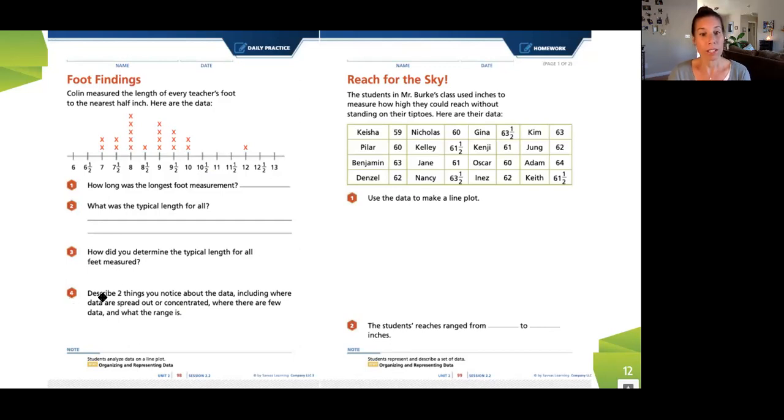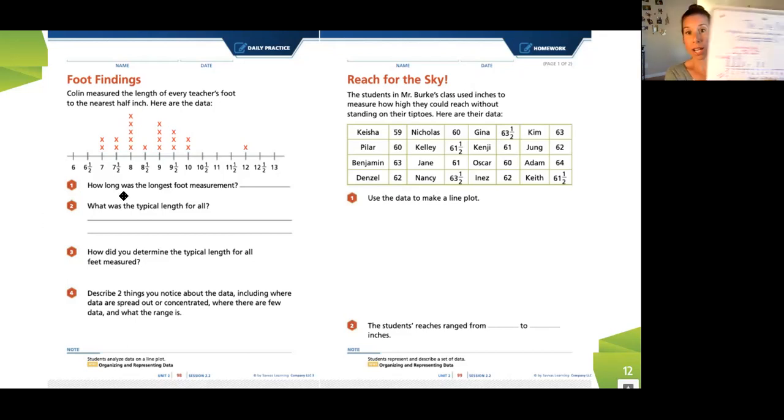Number 4, describe 2 things you notice about the data, including where data are spread out or concentrated, where there are few data, and what the range is. Now, if that is confusing to you, I want you to look back at your line plot chart here that you made on Monday so you can see what all these words mean, okay?